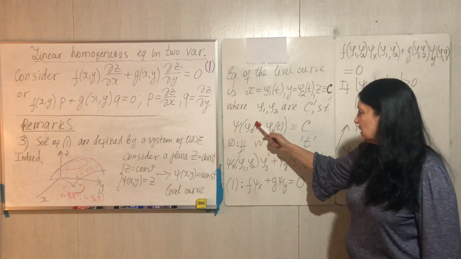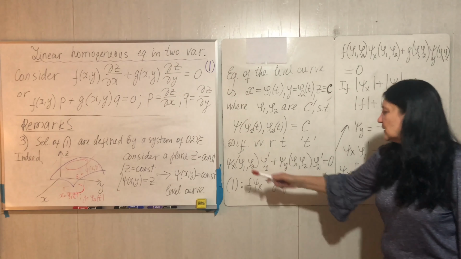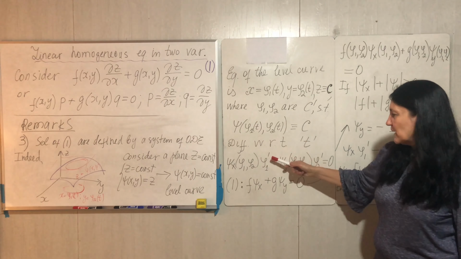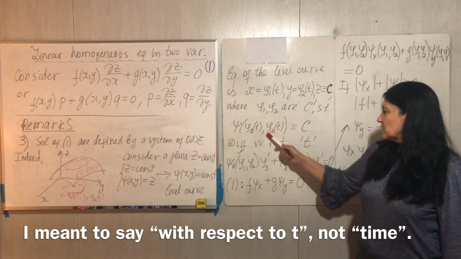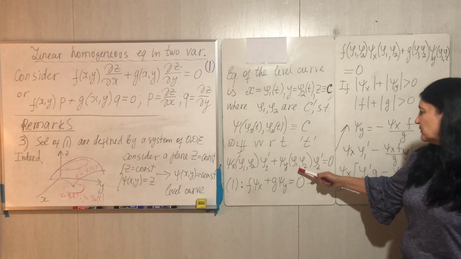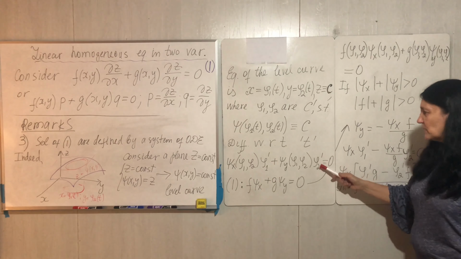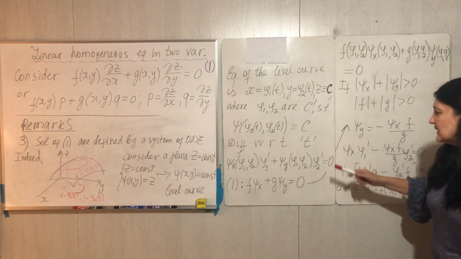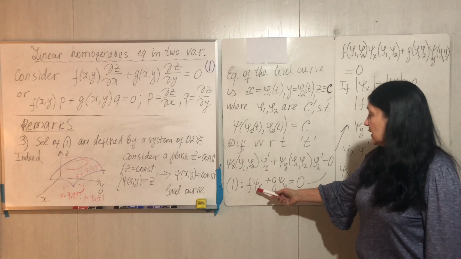We differentiate psi with respect to the first argument, psi x, evaluated at phi1 and phi2, times the derivative of phi1 with respect to time, plus the derivative with respect to the second argument, psi y, evaluated at phi1, phi2, times the derivative of phi2 with respect to t, and then we will have 0.